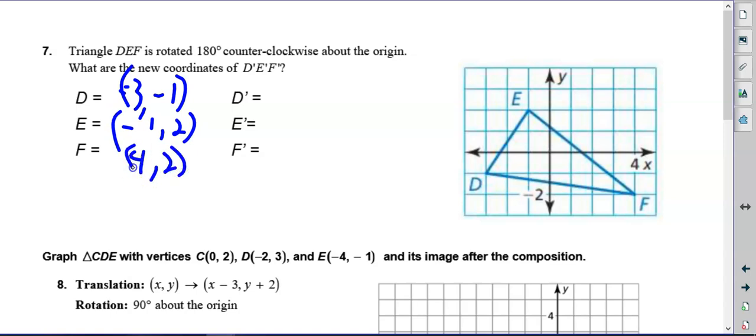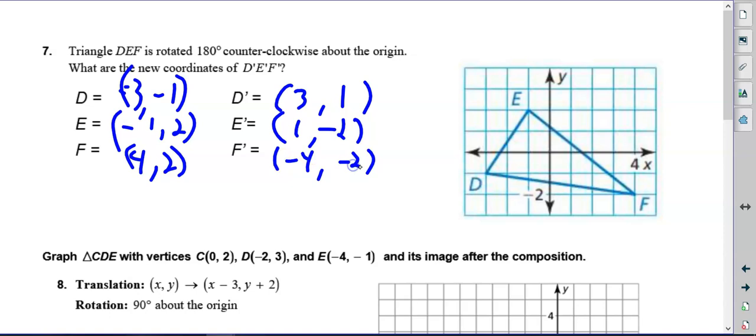Now remember, for 180 degree rotation, X and Y stay in their place. We just make both numbers opposite. So -3, -1 becomes +3, +1. -1, 2 becomes 1, -2. And 4, 2 becomes -4, -2.